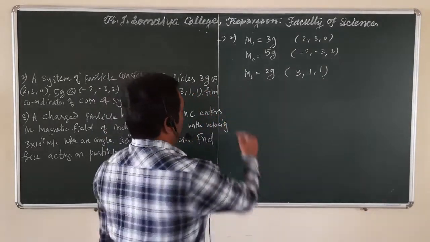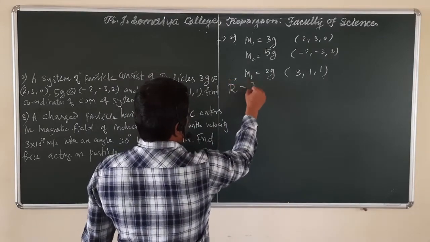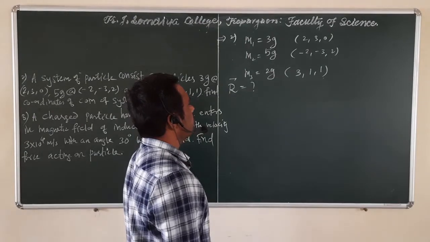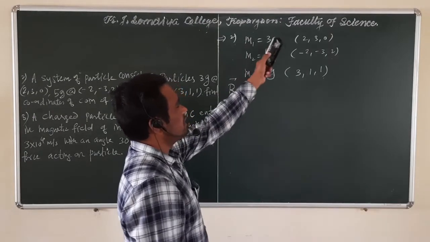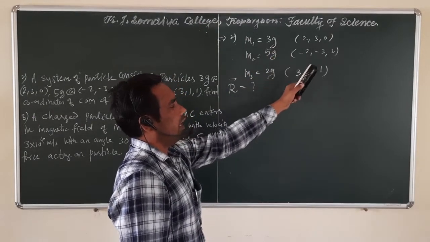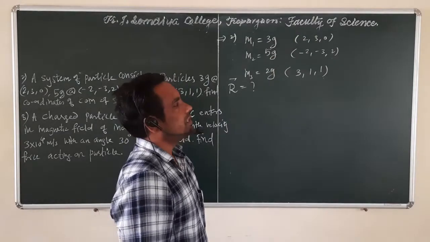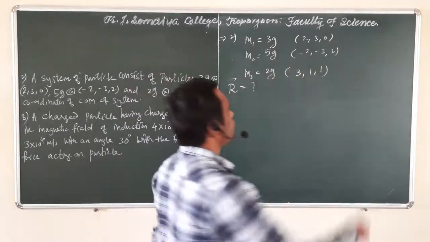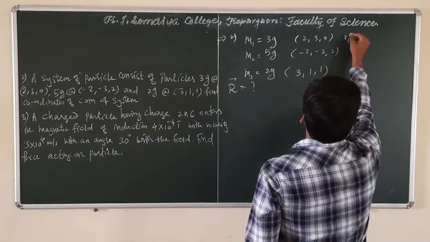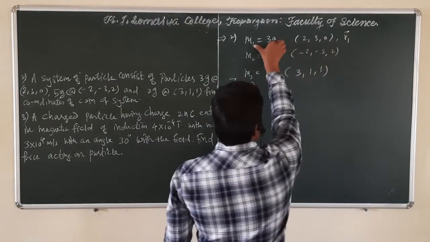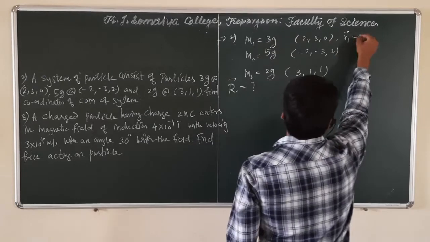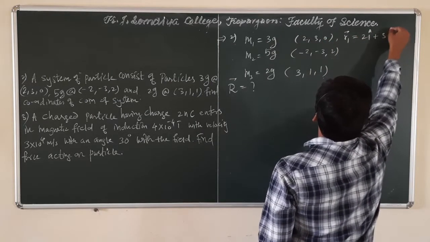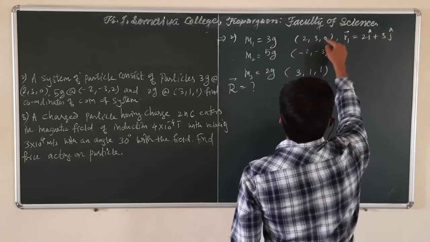So again, we have to find out vector R. For finding vector R, we must find vectors R1, R2 and R3 with respect to the origin. From these coordinates, we can write vector R1, the position vector of this mass with respect to the origin, as 2i + 3j + 0k.